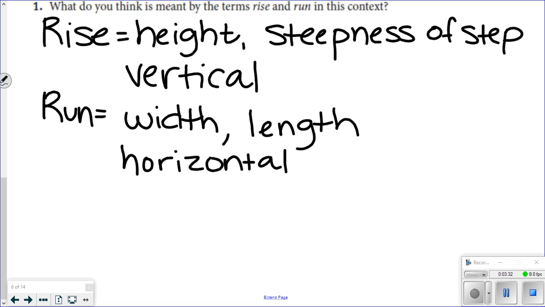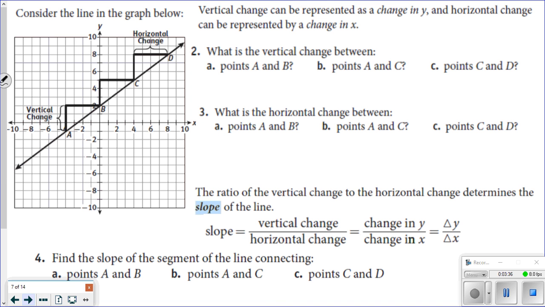Turn your page to 124, and we're going to look at this graph. Notice how we have a line here on our graph, and then the book drew in stair steps for us. Vertical change can be represented as the change in y.